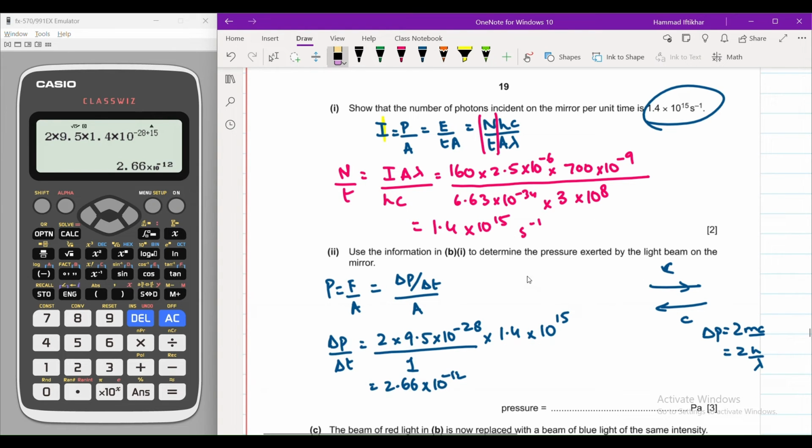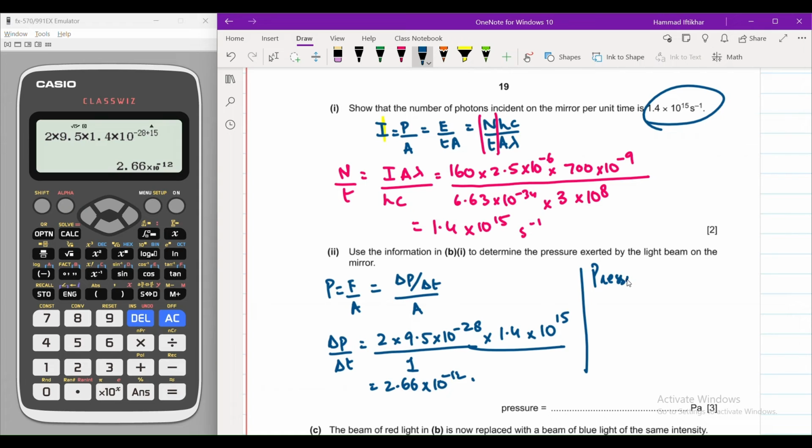So this is the rate of change of momentum, basically meter per second squared. So divided by this area, so pressure would be 2.66 × 10^-12, this is in newtons.